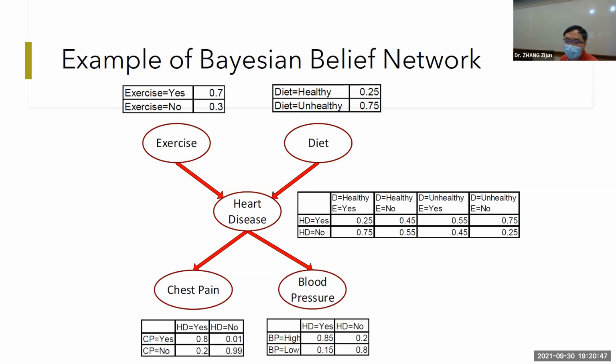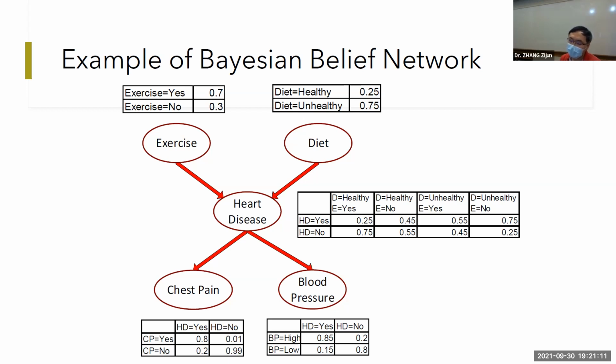Exercise is a binary variable. It indicates whether you do exercise or not. So yes or no. And diet means your eating style. Okay, your lifestyle in eating. So your diet is healthy or unhealthy. Okay. And the third variable is called heart disease.